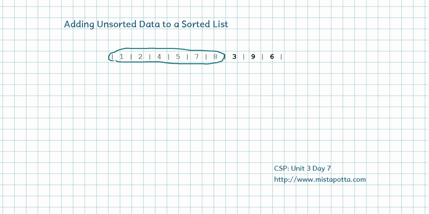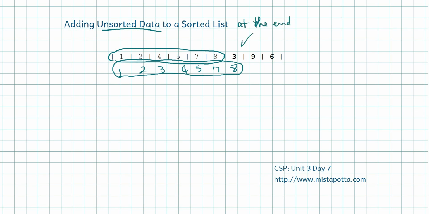Well, let's see. This will swap 3, 3, 3, and that's the correct spot. So I get 1, 2, 3, 4, 5, 7, 8. And now I have 7 elements in order. And what this is really used for is if I want to add unsorted data to a sorted list, I do it at the end.